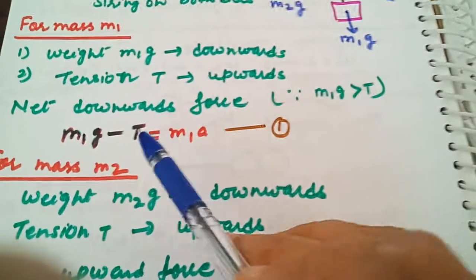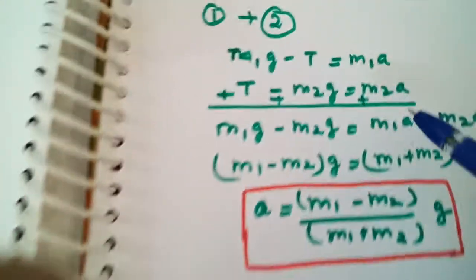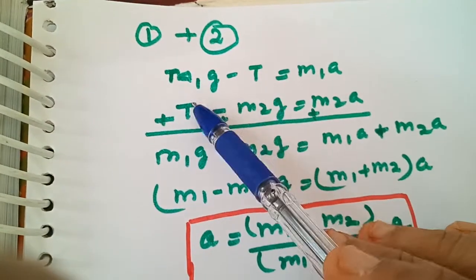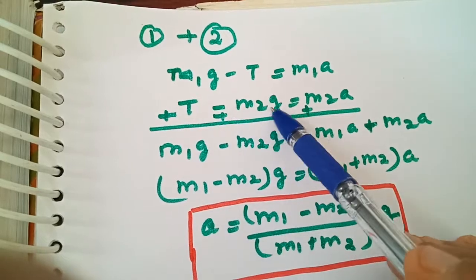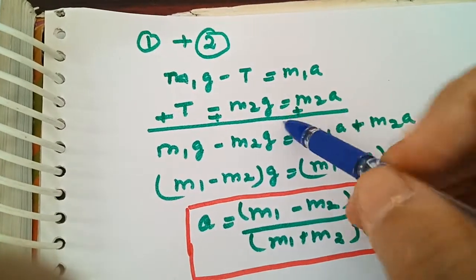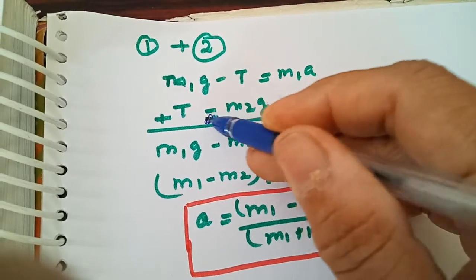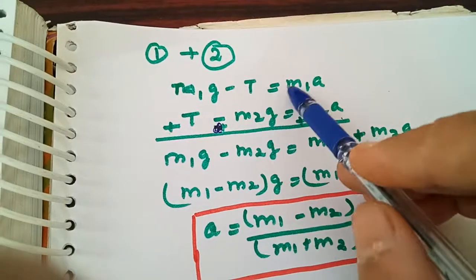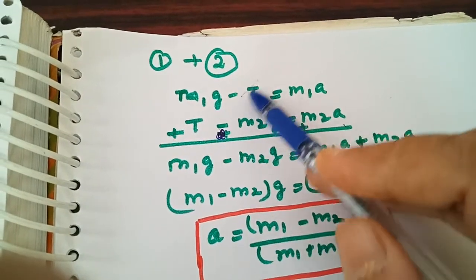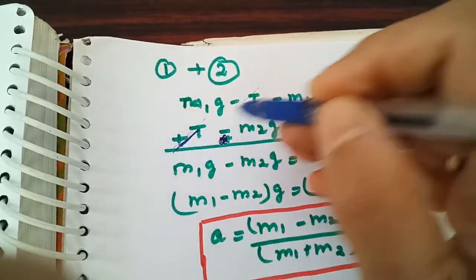Now we have to find the value of T and the value of a. First of all, we will add these two equations. m1g minus T is equal to m1a, and T minus m2g is equal to m2a. On adding these two equations, minus T and plus T will cancel out.